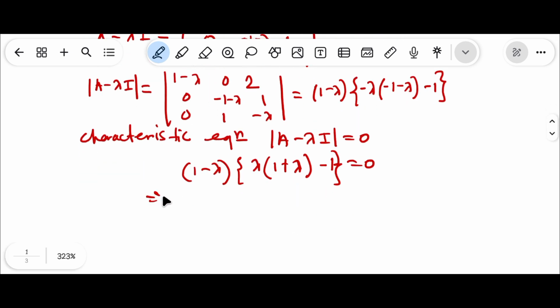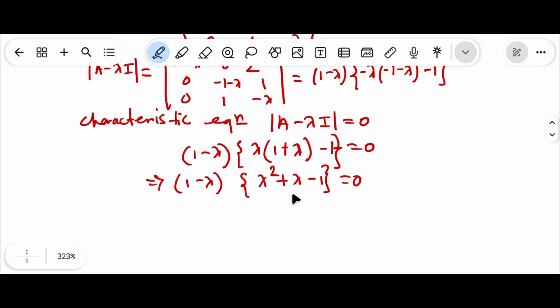That gives (1 minus lambda) into (lambda square plus lambda minus 1) equals 0. Now see, this is actually our characteristic equation. This is the characteristic equation we are getting.